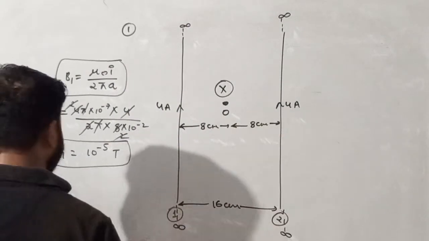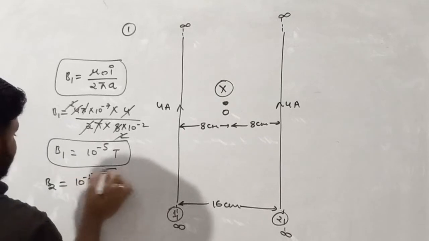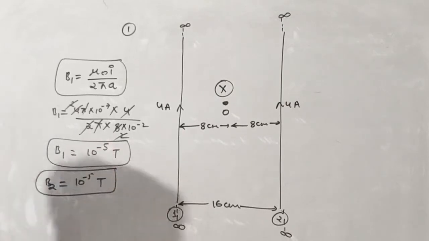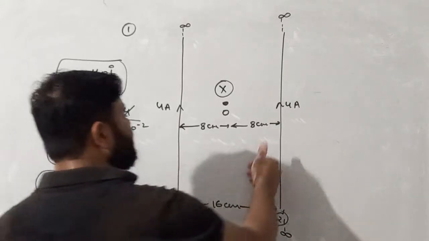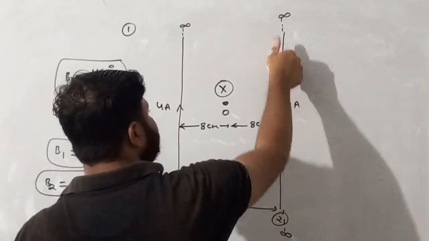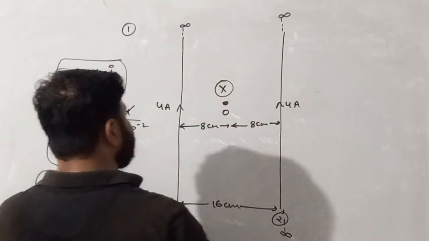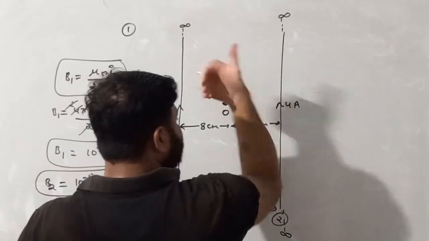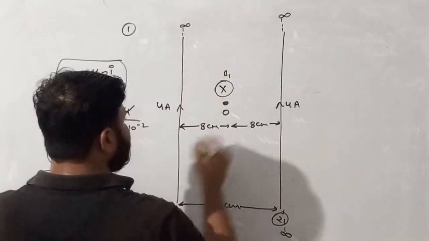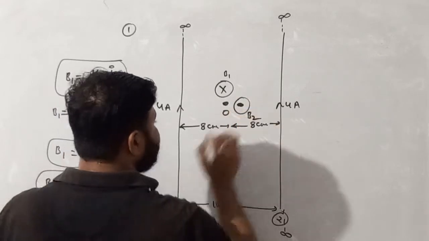Similarly for B2 the value must be the same because distance, current, everything is same. So B2 is also 10 raised to the power minus 5. Now check the direction of the magnetic field. Place your thumb in the direction of current, curl your fingers. This is the direction of B1, and for B2 the fingers come outside. So the direction of the magnetic field due to B2 is outward.